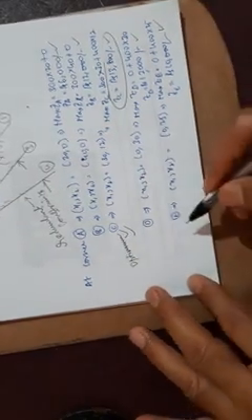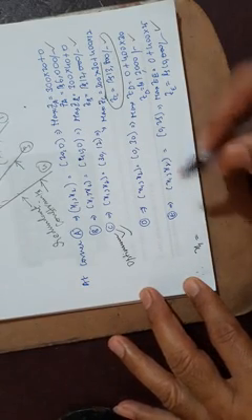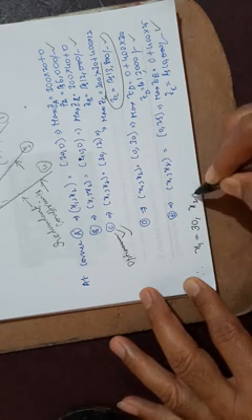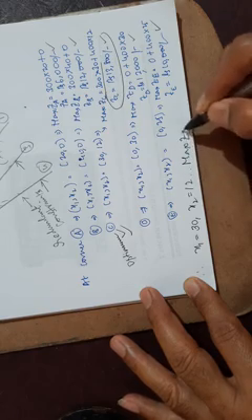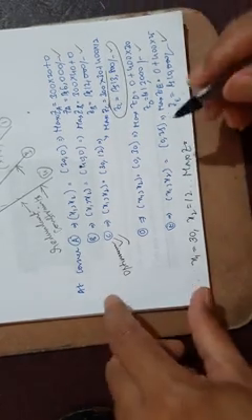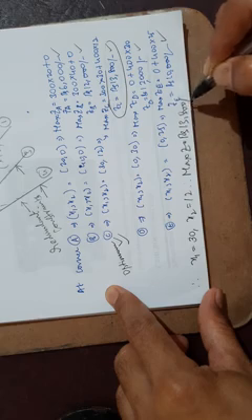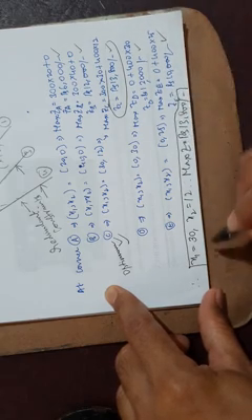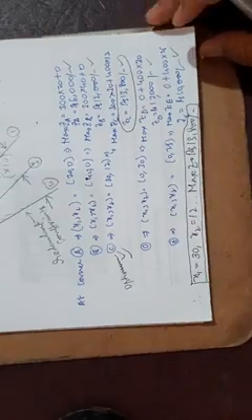Therefore x1 equal to 30, x2 equal to 12, and maximum Z value will be rupees 13,800. So this is how you need to arrive at a graphical solution for the given LPP.